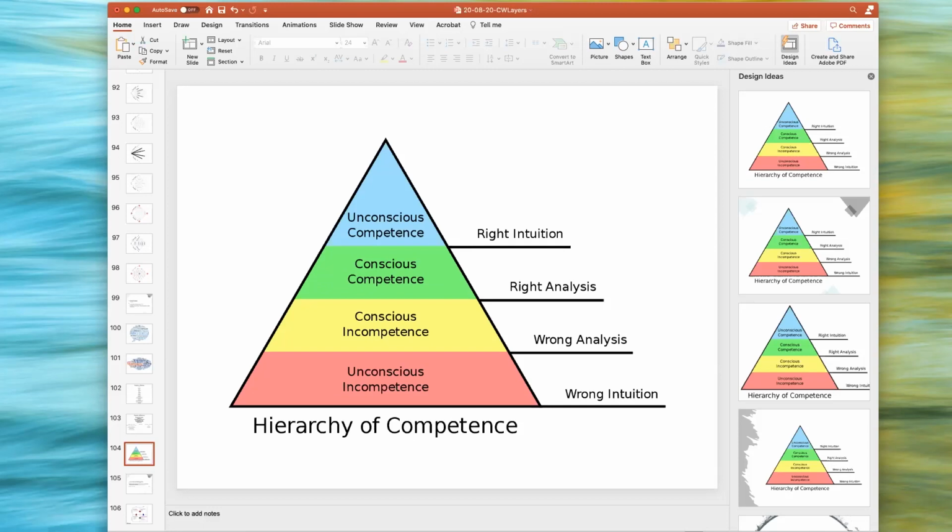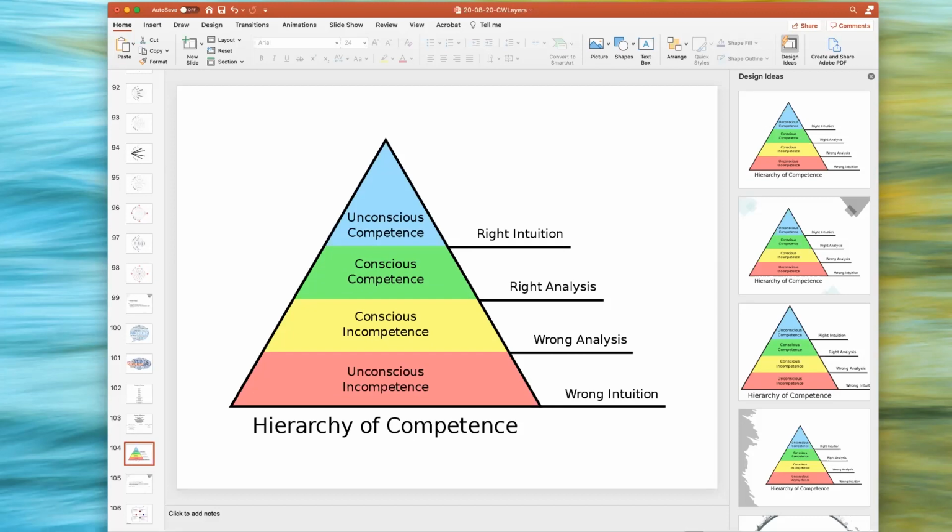So let me just pause there and say, as you look at this image, we've talked about this whole idea about the adult learning model and moving from unconscious incompetence to conscious incompetence, and through the rest of the steps. What do you think about this particular diagram and this idea about analysis and intuition being right or wrong? Any thoughts you want to throw out?